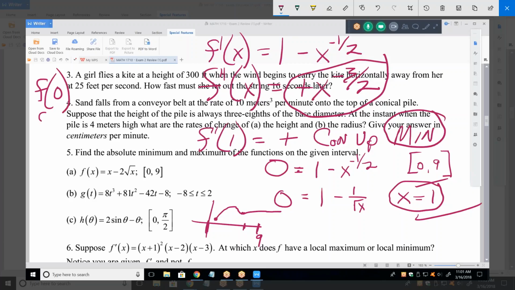I have to figure out what f of 9 is. And I already know that f prime of 1 equals 0, which is a relative minimum. Now we have to figure out whether it is an absolute minimum or not. So the only things we have to check are these two.